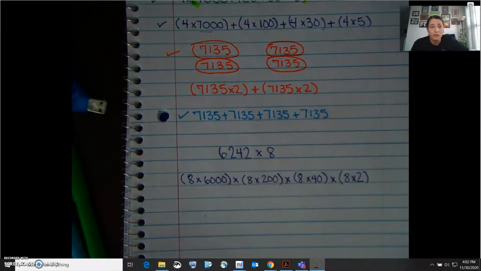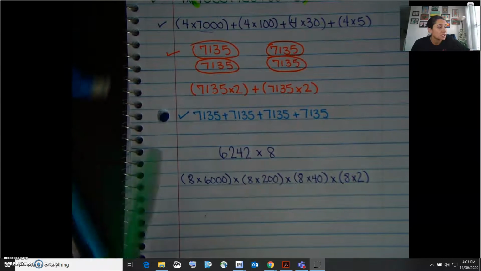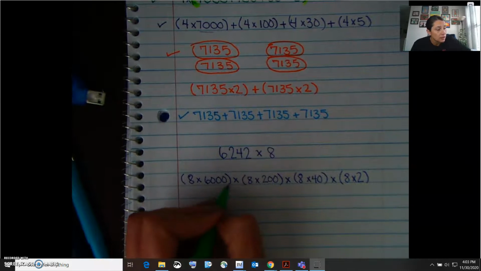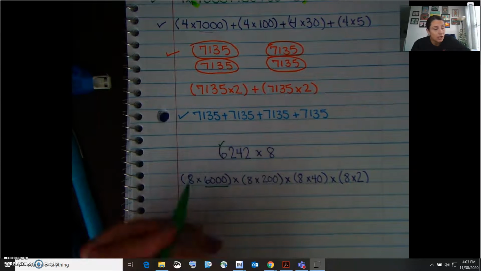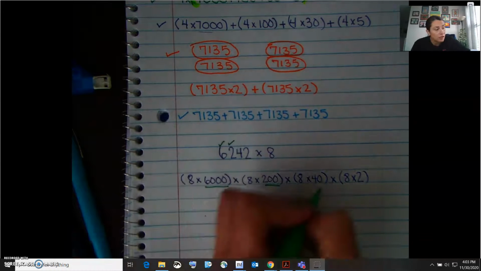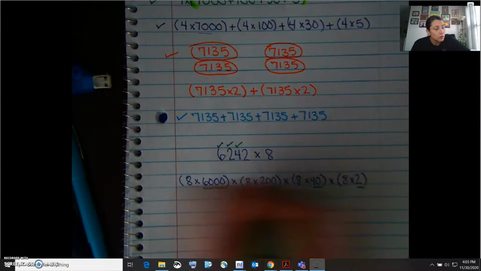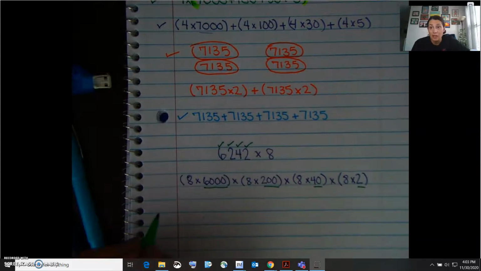Okay, so the first thing you have to check is, did they expand it? So let's check, did they expand it correctly? 6,000, check. 200, check. 40, check. 2, check. So they expanded it correctly.